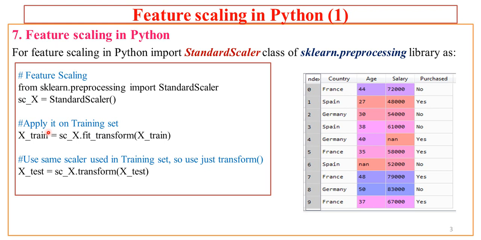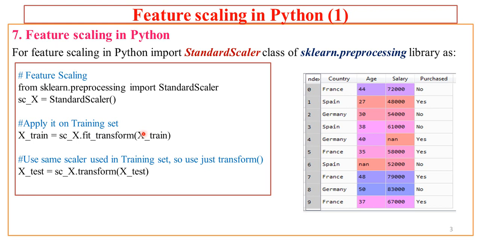After that, with the object reference we have created, that is sc_x, I invoke the fit_transform method. With this method, the feature scaling method, that is called the standardization method or StandardScaler, will be applied on the x_train matrix.